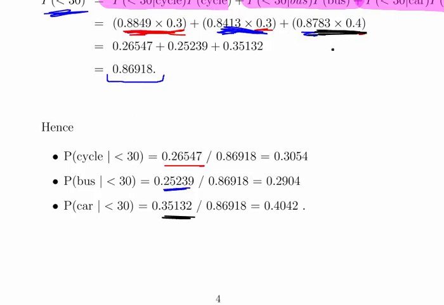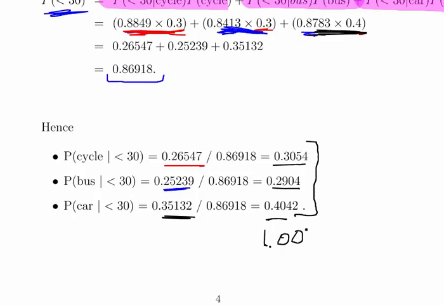So you've just added them all up. When we divide by the probability of being less than 30, which is 0.869, essentially we get these 3 numbers here. They should add up to 100%, 1.00.